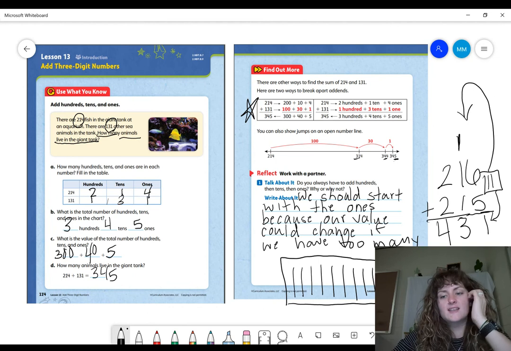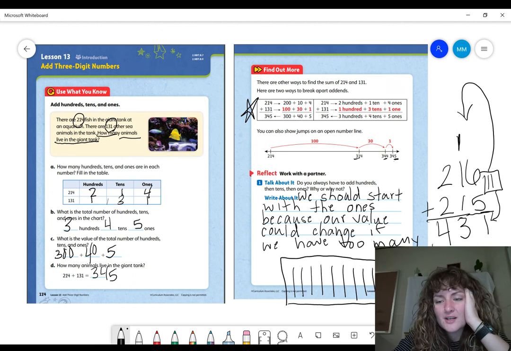It's the same as 100. So I can't have 13 tens in the tens place because I have 100. So in 13 tens, my tens hang out with my tens and my hundreds hang out with my hundreds. So I would keep 3 tens, but my 100 would move to the hundreds place.